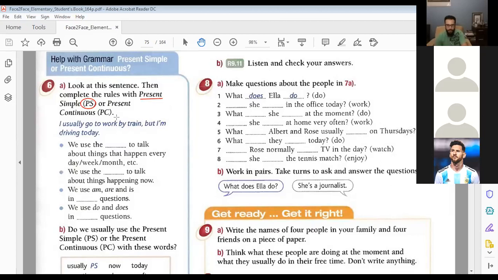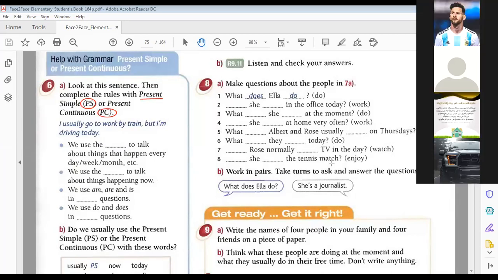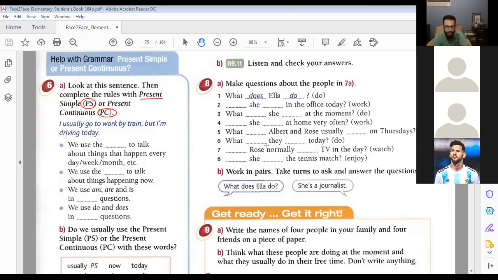Okay. So Aisha, are you there? Can you hear us? Can you hear me? What about the first point here, Aisha? What do you think? Can you read it, please? The first point.